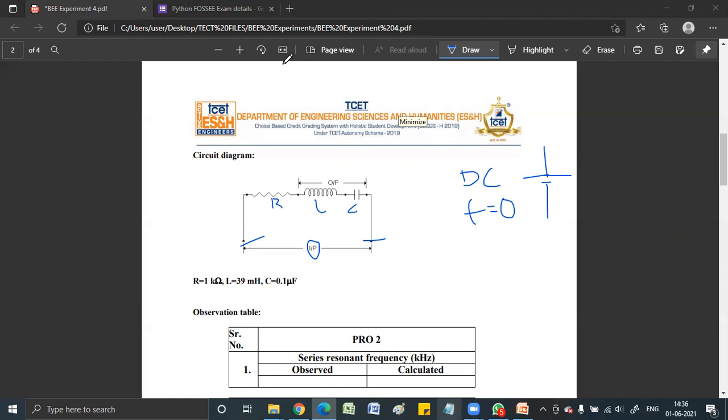Hello. I'm not able to hear. Which are the two components of an AC signal? Can anyone tell which are the two components? Yes, students. It's simple. An AC signal comprises of which two parts?